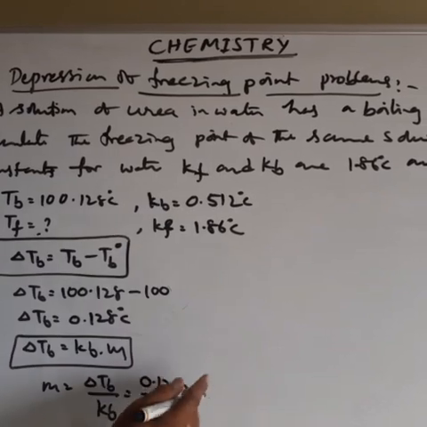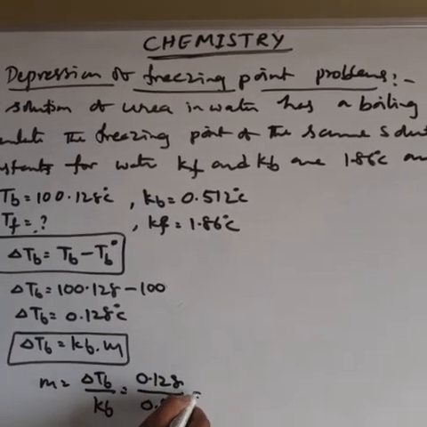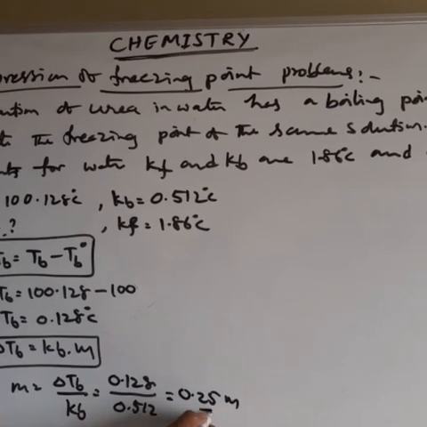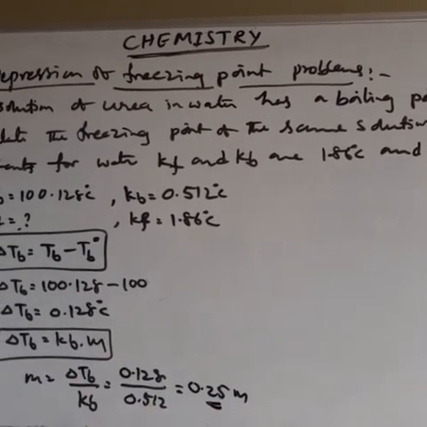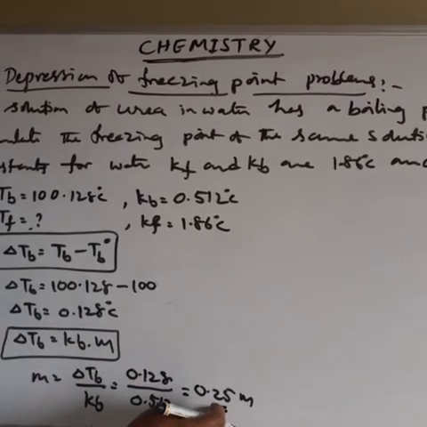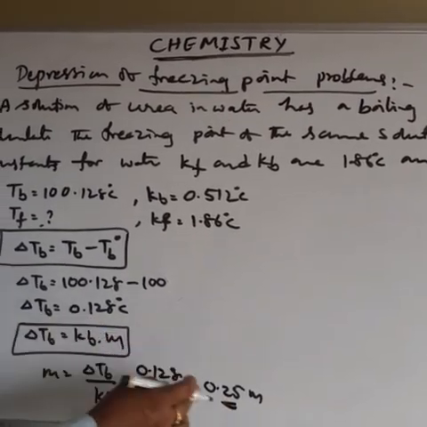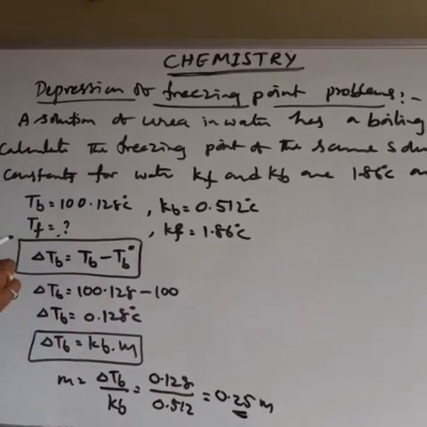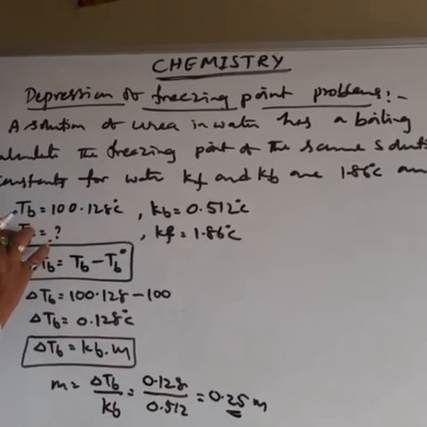Celsius cancels Celsius, then its value is 0.25, that is molarity. Using this molarity we have to find out the delta TF value. From the delta TF we have to calculate TF value.